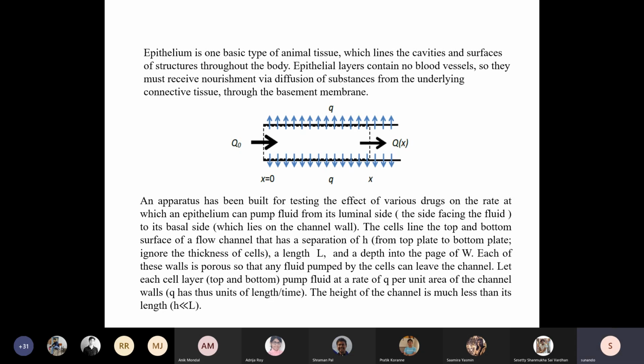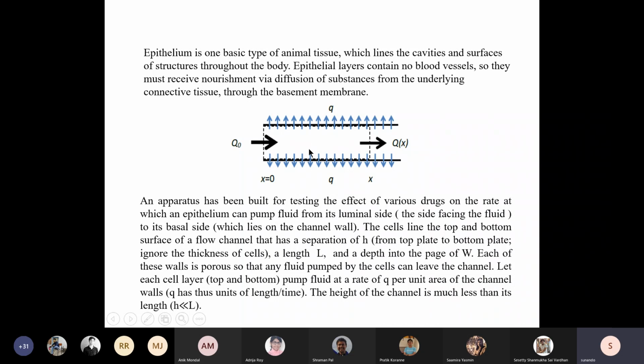So this permeation of the drug is to be calculated based on whatever be the initial flow rate that you have, and there is going to be some leakage from the bottom and from the top. Let's call it q. And this q would obviously depend on what's the pore size of the epithelial tissue, what's the size of the drug molecule, and how much of a pressure gradient you are creating between the inside and the outside.